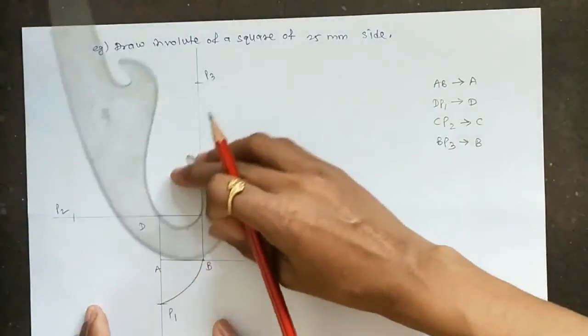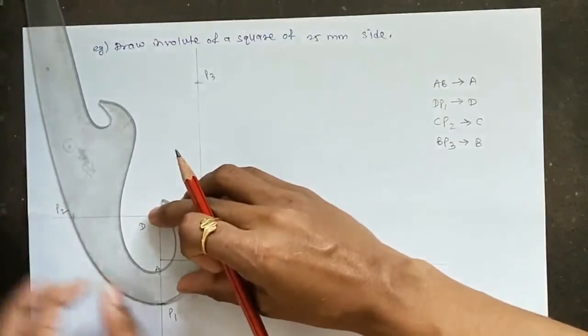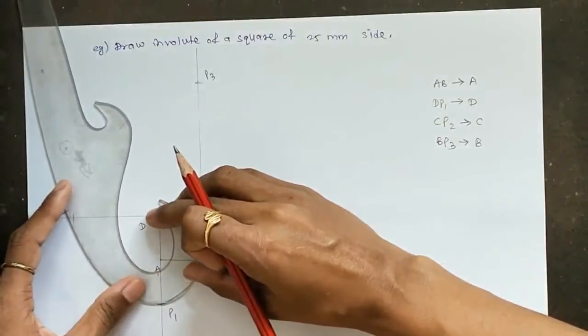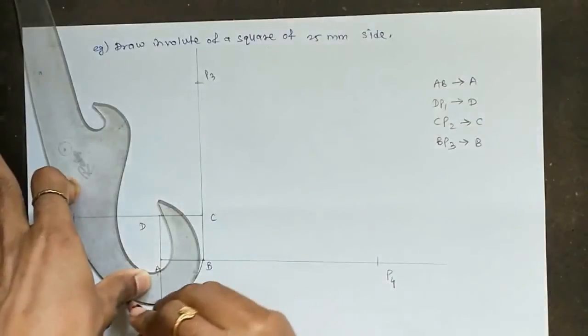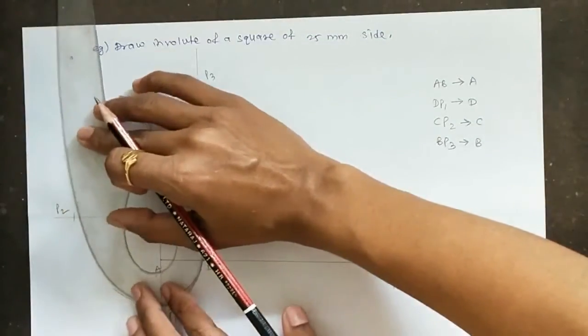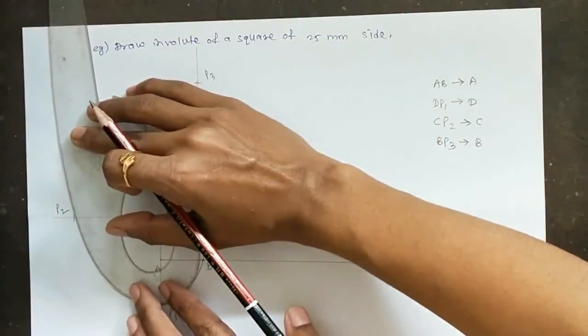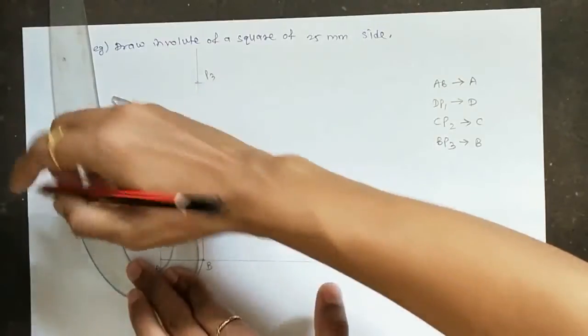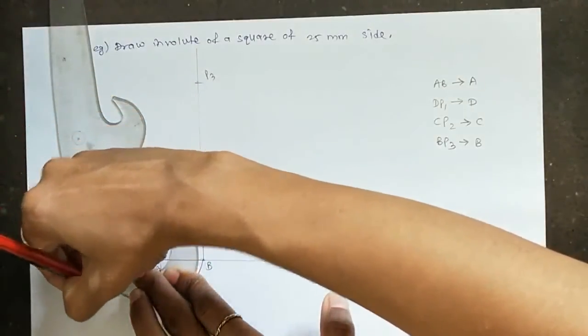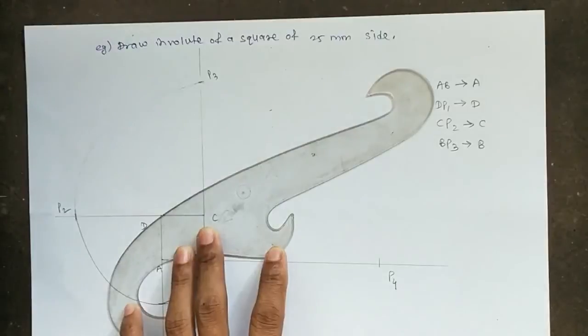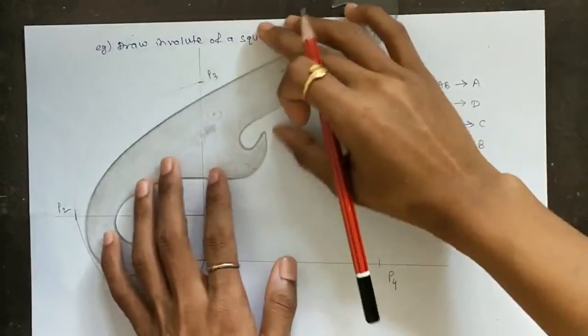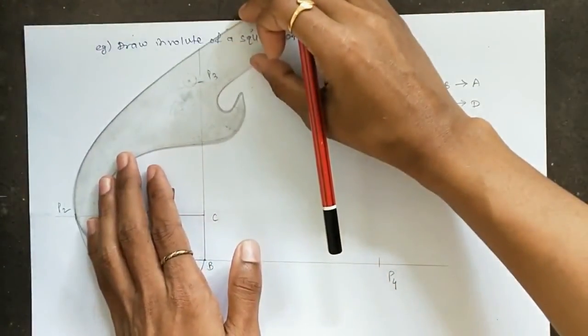Now join point P1 and P2. Now next, join point P2 to point P3.